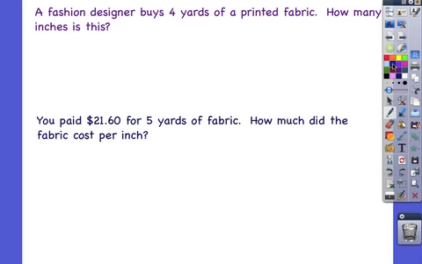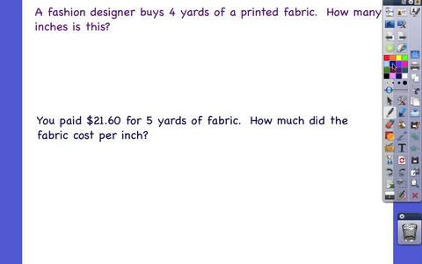And now you can go ahead and multiply. And so in your numerator, you have $21.60. In your denominator, you have 5 times 3 times 12. So go ahead and multiply that, and you get 180.